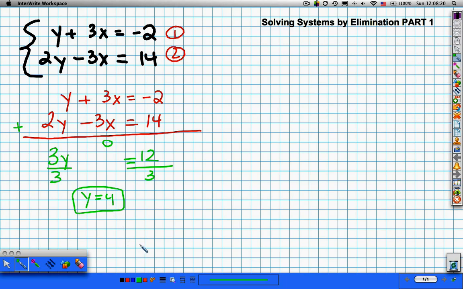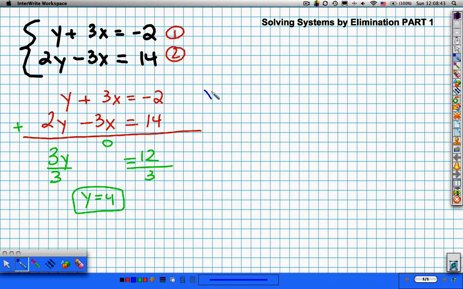Now this is the spot right here is what I was referring to earlier when I said we're going to be using the same steps as substitution. Once I know y, how do I find x? I just put it right back into one of my original equations to solve for x. So let's go ahead and use equation 1. Remember, it doesn't matter which one. I picked 1 because y had a coefficient of 1. So let's go ahead and do this over here.